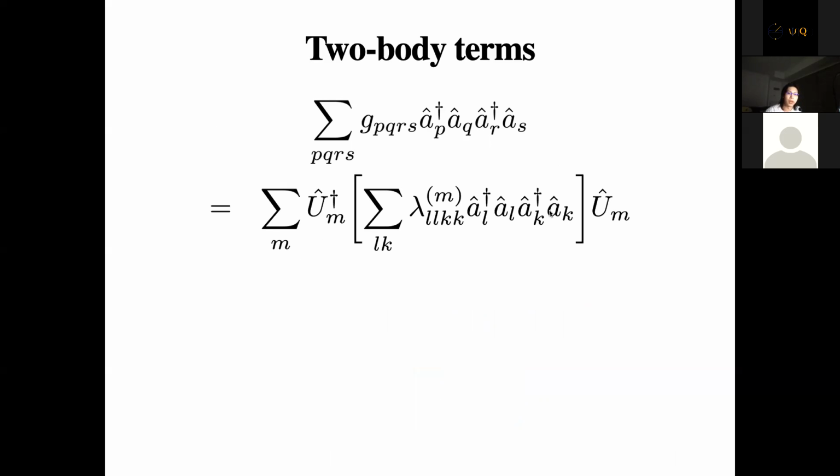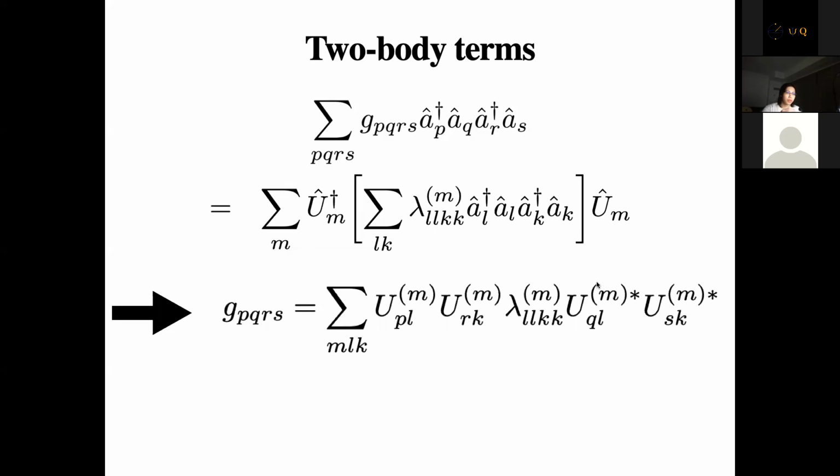Here, I've expanded the lambda_LK into a tensor form with the indices LLKK being non-zero. Writing it this way allows us, again, to use linear algebra to solve this decomposition.